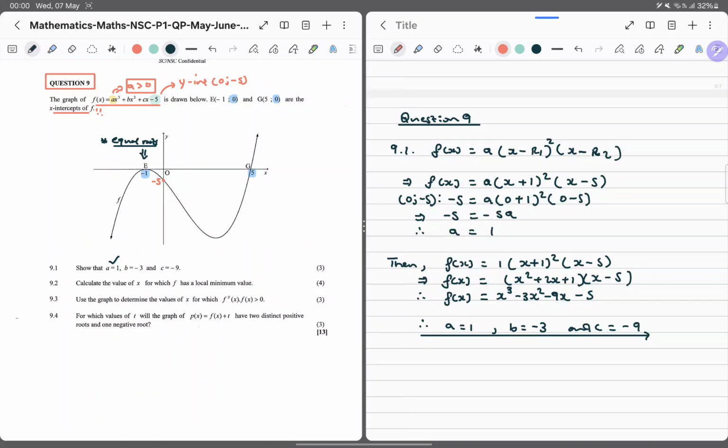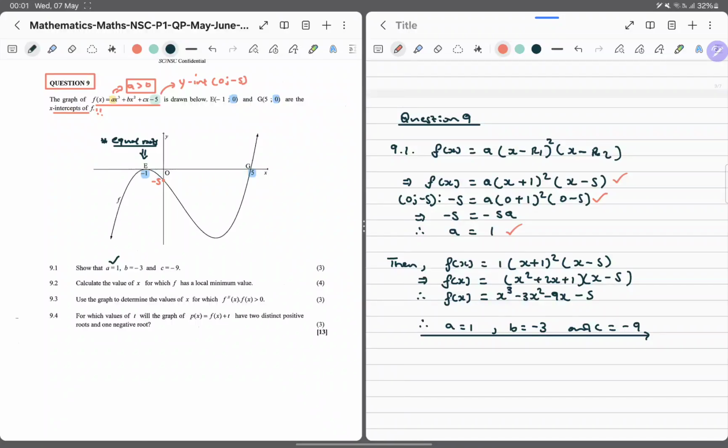So how do we score marks here? This writing is good, right? And then working out a here is good. And of course, realizing that this point, so this is, wow, 3 marks.